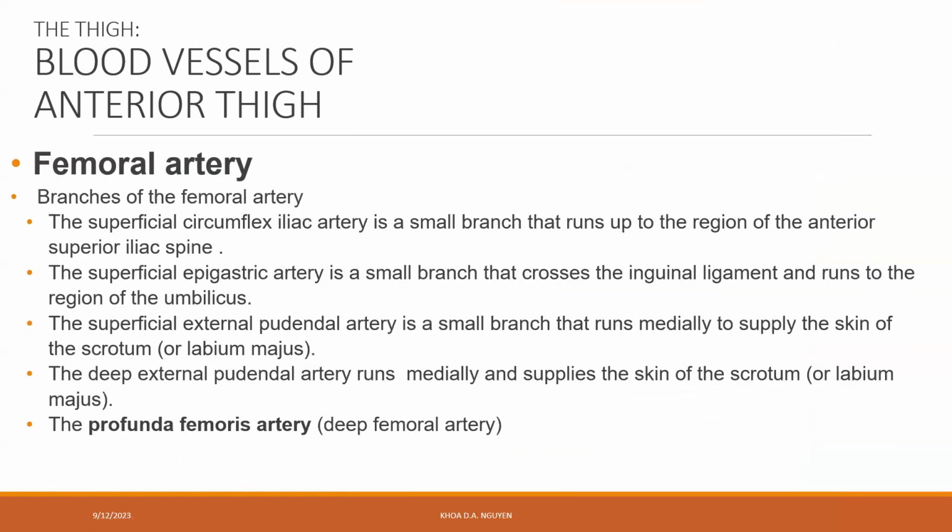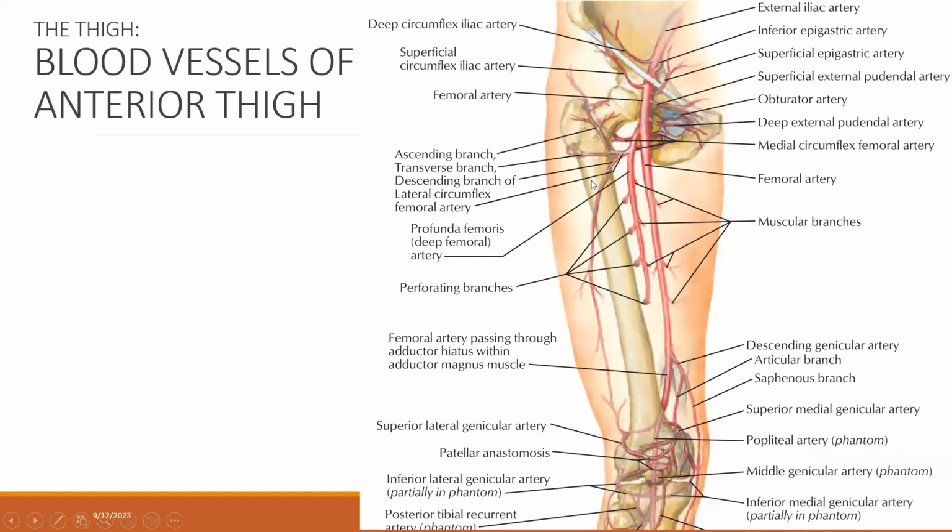And all of this is basically the things that we have said before. Here you see another good picture of the things that I told you before. This one here is the main branch out from the femoral artery, which is the deep femoral artery. And when you have the deep femoral artery, it goes to supply the deeper structures, including the muscles, via these perforating branches, as well as these muscular branches right here.